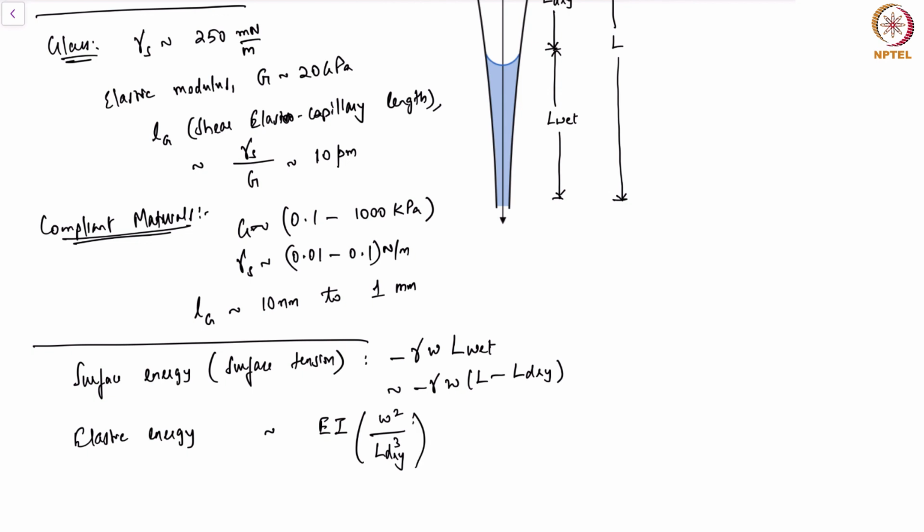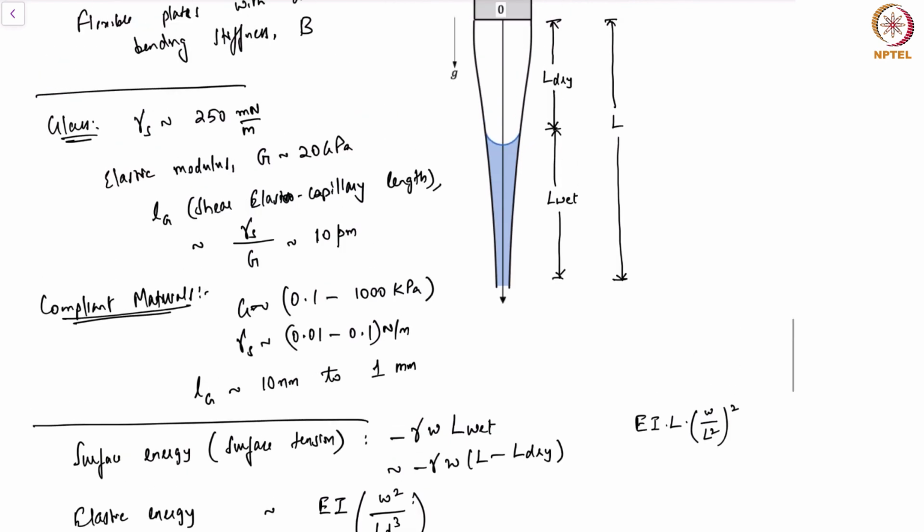That's our elastic energy. So the idea of elastic energy is that it would be EI times the length scale L times the curvature term. This would be the square of the curvature. The curvature in this case would be W by L.